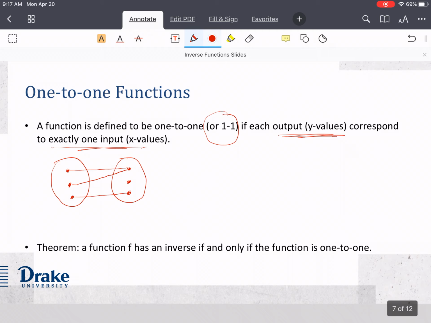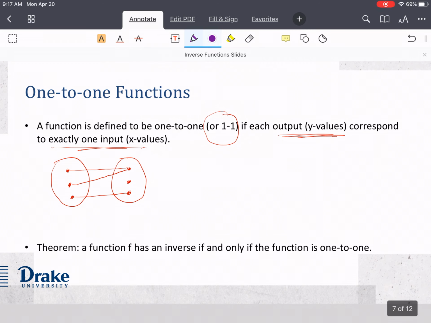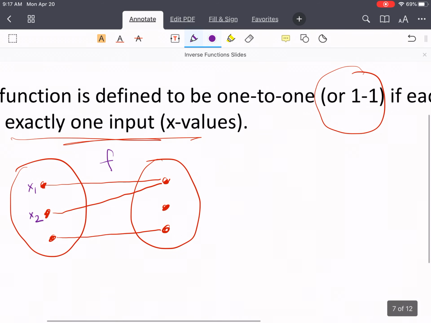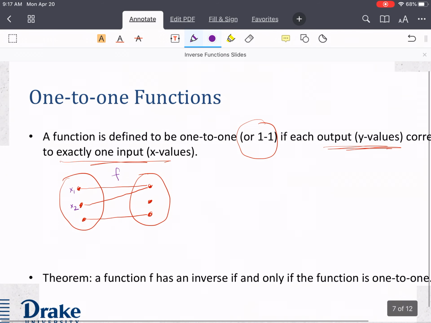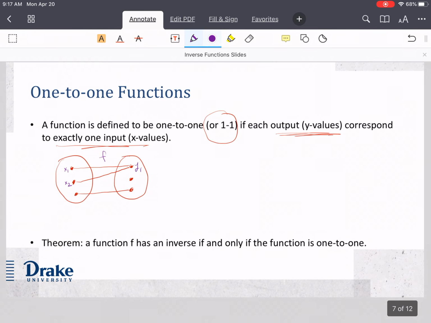So if you take a look at this situation, you realize that this function, say f, takes two x's, say this is x1, this is x2. So realize that it takes these two x's and then assigns them to the same y value y1. So in other words, it's not one-to-one.